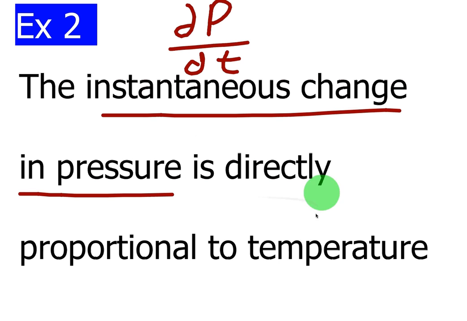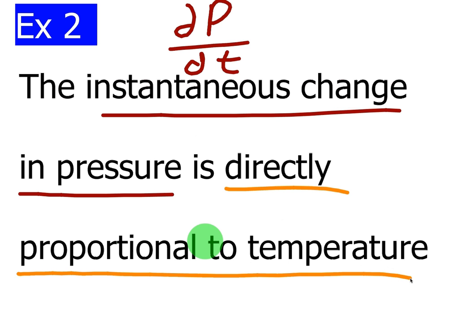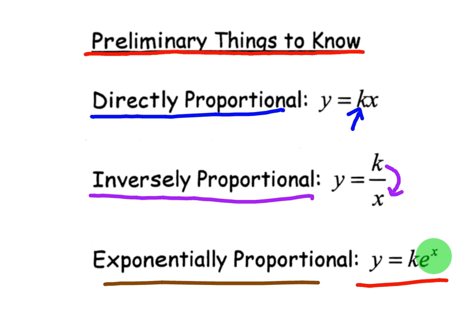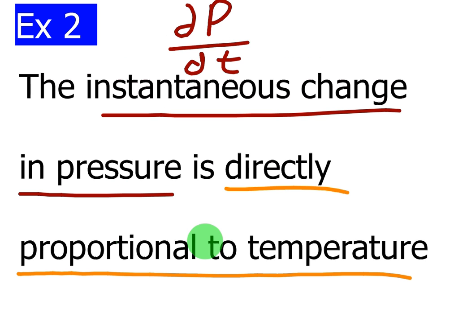Okay, next part is directly proportional to temperature. This is why we just went over these proportion expressions. We said directly proportional means some constant k times your independent variable. So I'm going to take this directly proportional to temperature, and I'm going to write k times t.